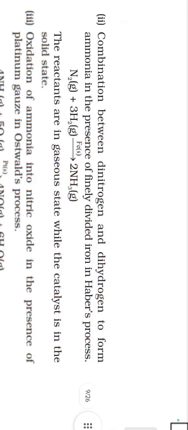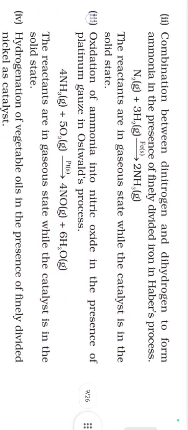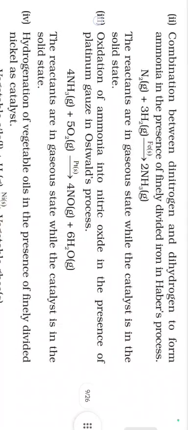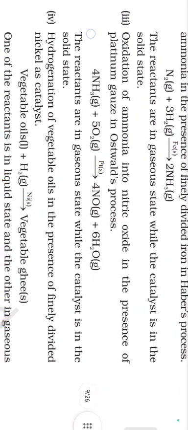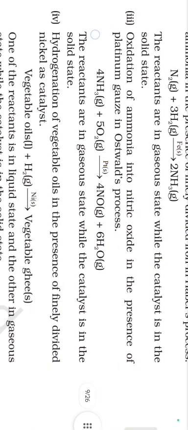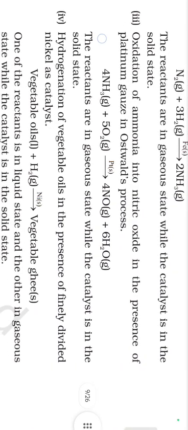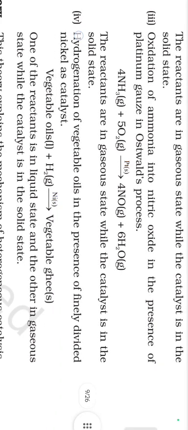Second, combination between dinitrogen and dihydrogen to form ammonia in the presence of finely divided iron in Haber's process. N2 gas plus 3H2 gas in presence of iron solid gives 2NH3 gas. The reactants are in gaseous state while the catalyst is in the solid state.